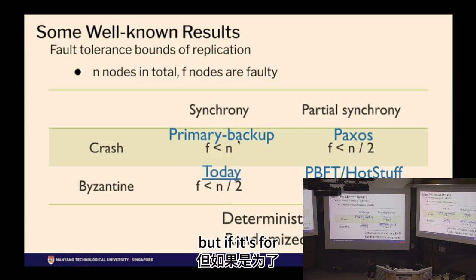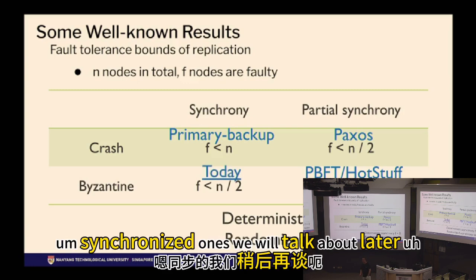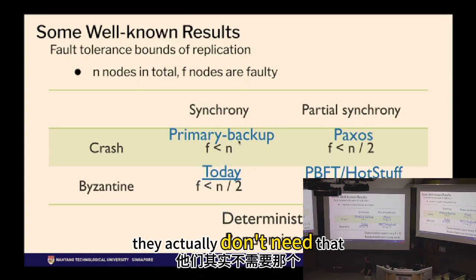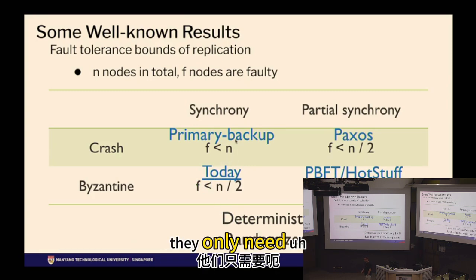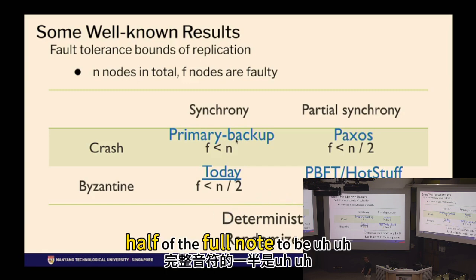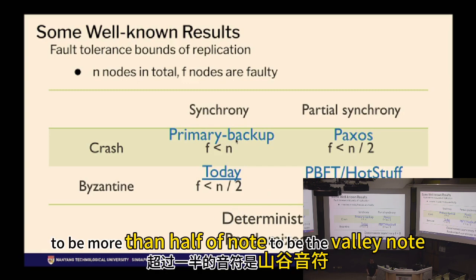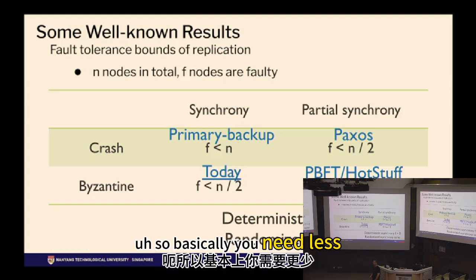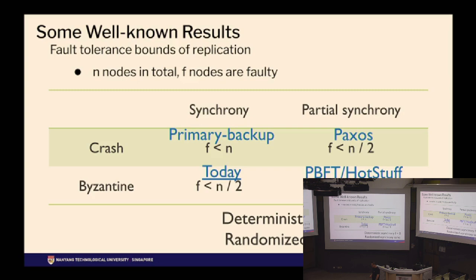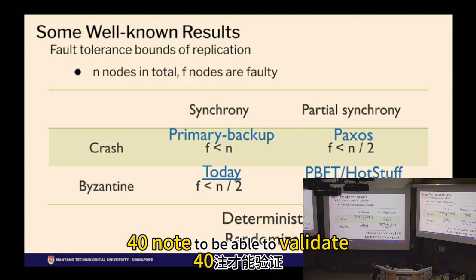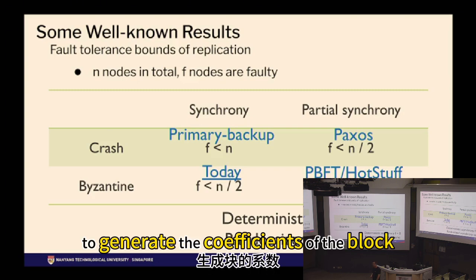But for synchronized ones, which we will talk about later, they actually don't need that. They only need more than half of the nodes to be valid nodes. So basically, you need fewer valid nodes to generate the consensus of the block.